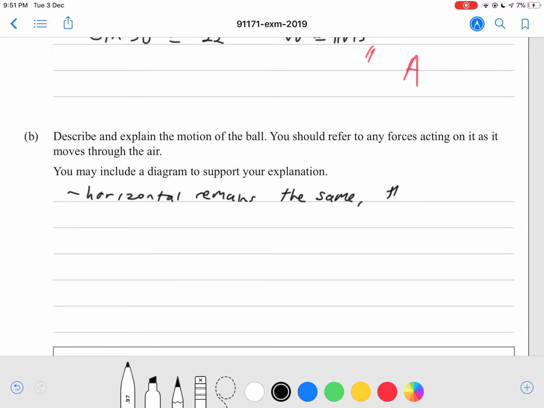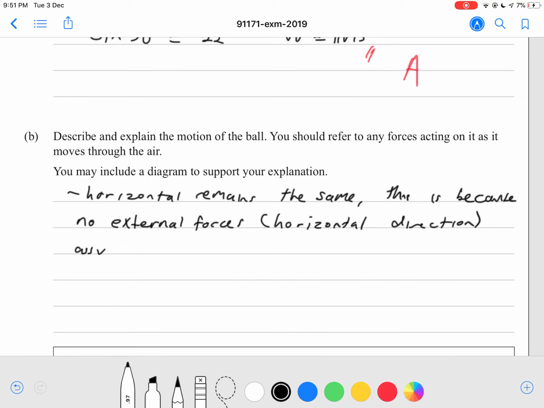And this is because there are no external forces in the horizontal direction, and that's assuming that air resistance is negligible, of course.